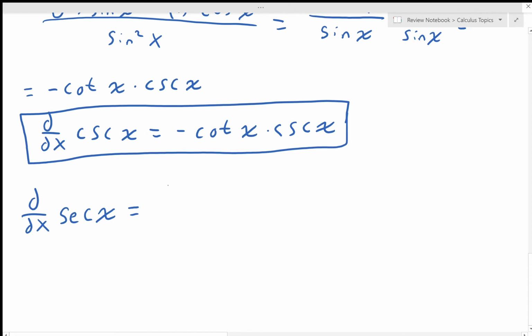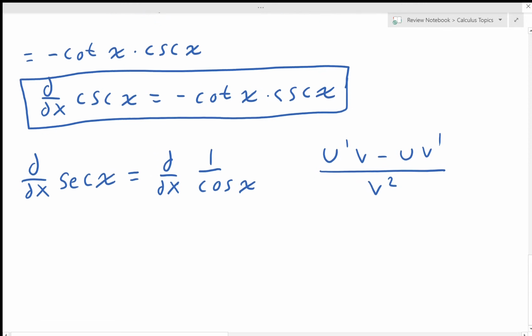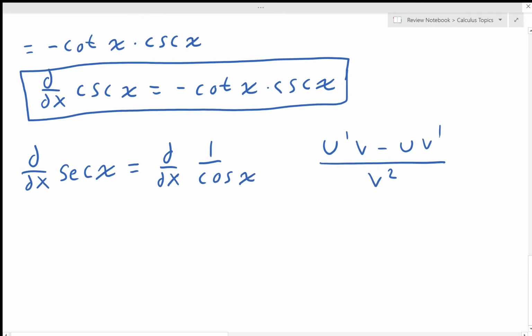And the derivative of secant x would be the same thing as taking the derivative of 1 over cosine x. So writing down the quotient rule, u prime v minus uv prime over v squared. Okay, so u is 1. Just like the last one we did, u prime would be 0. V equals cosine x.